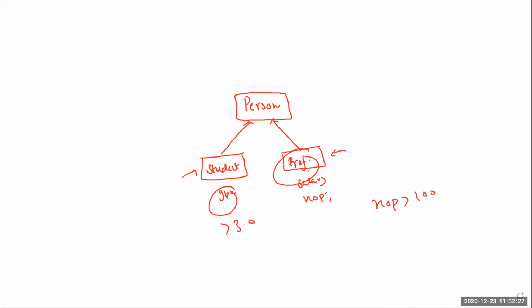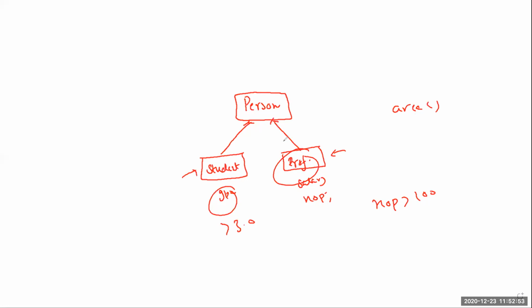It is the same thing we had with area: the formula of area is different for every shape, for a circle it's different, for a rectangle it's different, and so on. Here we are doing almost the same thing, but instead of computing something, we are comparing something. So we'll have a function that will tell us whether the person is outstanding or not. This is the general idea.